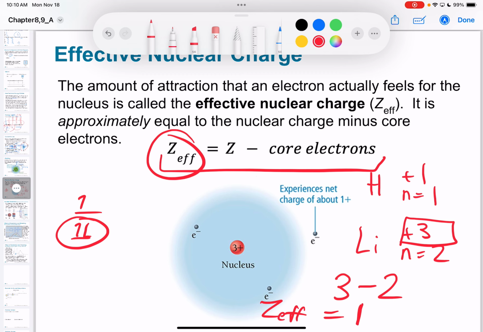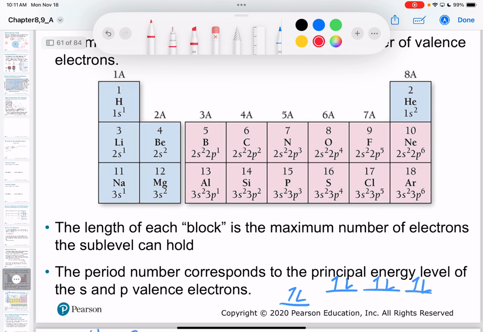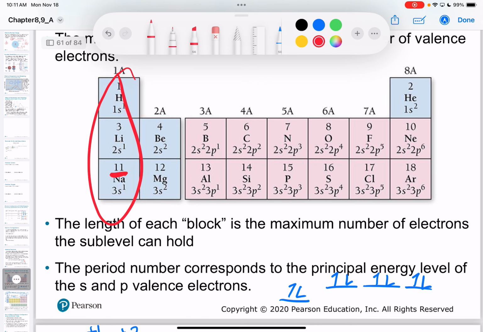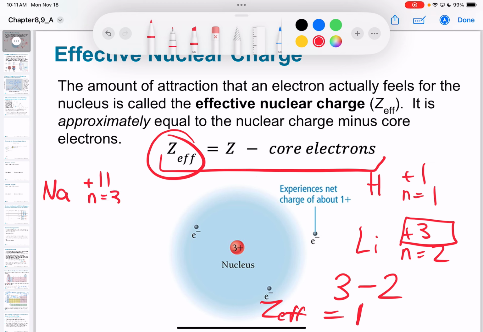Let me do one more to get this point across, and then we'll apply it to size and stuff. Okay, so sodium is right below lithium, and it has a positive charge of 11. It also has 11 electrons, right? But its nuclear charge is 11. Sodium's outer electrons are at n equals 3.